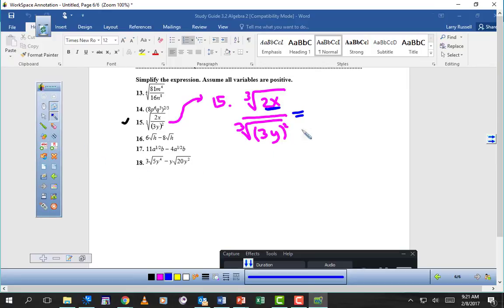It's not a 3, so how could we make it a 3? Let's erase these equal signs. Let's make it a 3 by multiplying by one more of these. I'm going to put a 3y here, you see. And in order to do this, I need to do the same thing in the numerator.